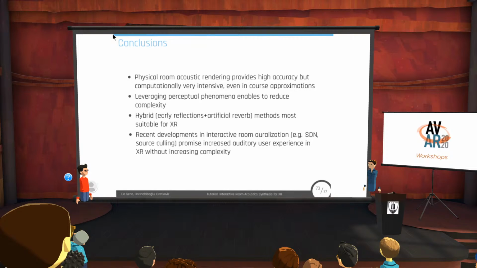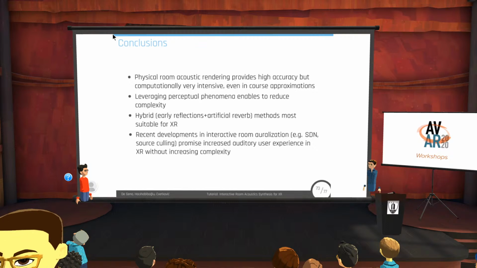That means if your user is not going to hear it, or if whatever you produce is not going to have a big impression on your user perceptually, then you don't need to process it. So that is the main point that results in perceptual simplification methods.